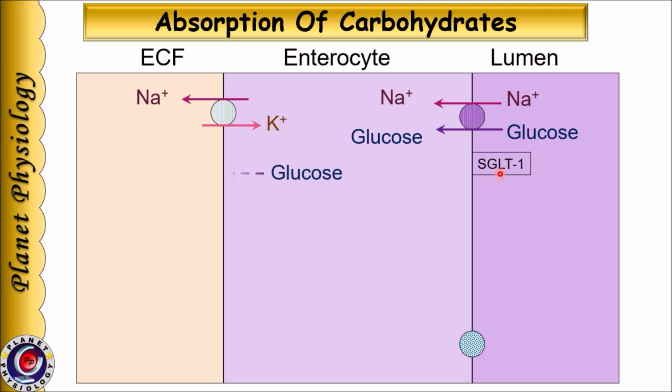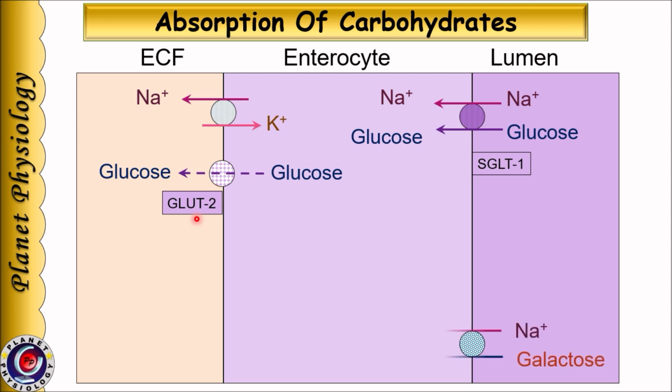Once within the enterocyte, glucose then diffuses out into the extracellular fluid from the basal border by facilitated diffusion via GLUT transporters. Thus, glucose absorption is active process because it is actively absorbed from the luminal surface. Luminal border also possesses another cotransporter called as sodium galactose cotransporter.